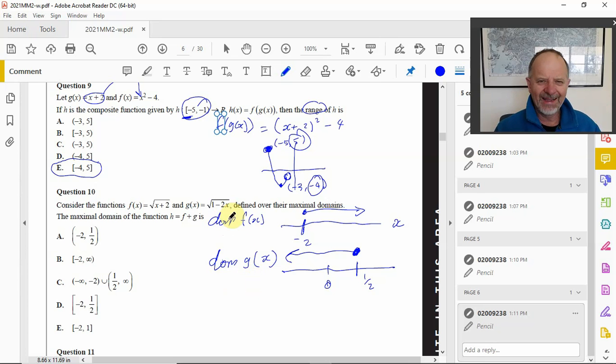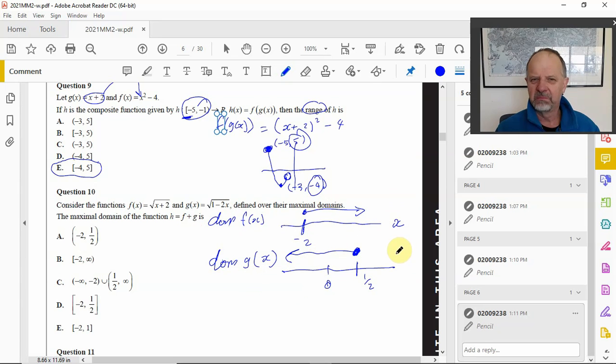All right, so f plus g. So our domain of f plus g, that's when we've got to add these things together. Now we can only add them together where each individually exists. So like up here, for example, we've got some value from f of x, but we don't have any value that exists from g.